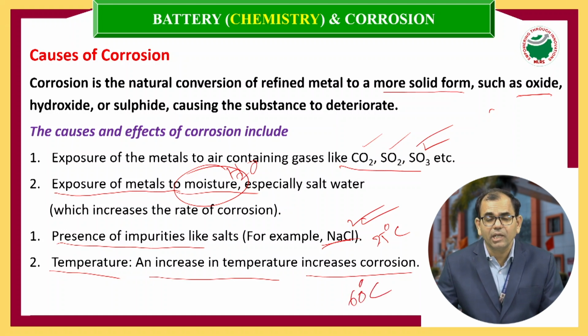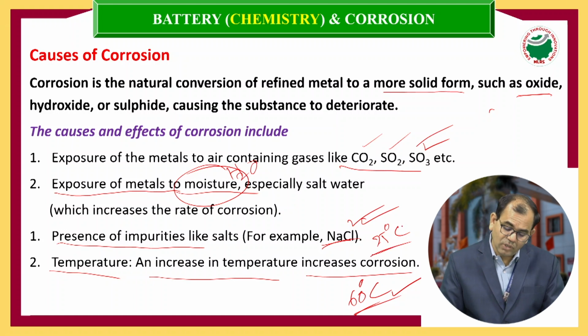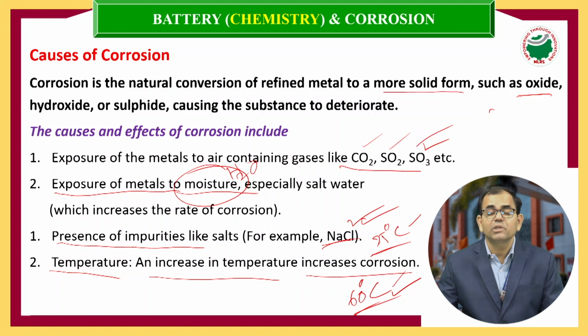If you put the same metal in Hyderabad and in Dubai, which one corrodes first? Dubai, because the temperature there is sometimes more than 60, whereas Hyderabad's temperature never exceeds 40 degrees centigrade. So the higher the temperature, the faster the corrosion rate.